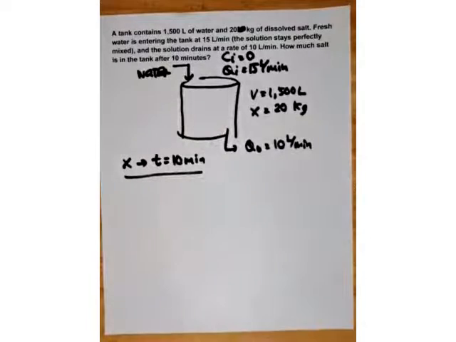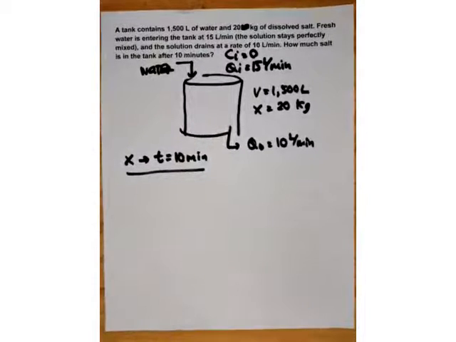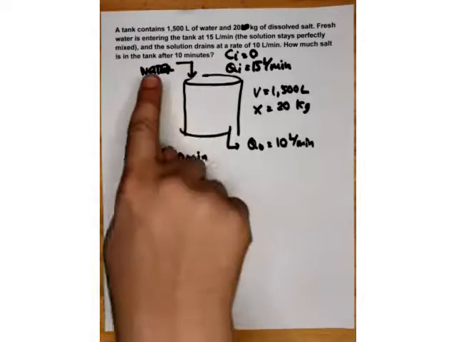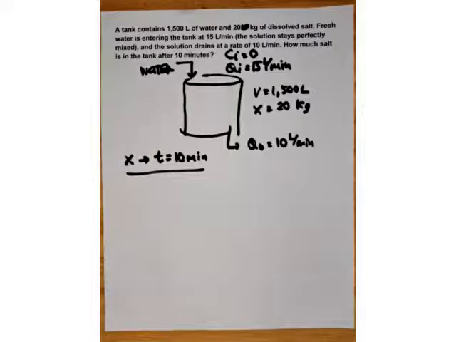So, meron tayong given na tank and then 1,500 liters. Meron siyang volume na ganon. And then 20 kilograms of dissolved salt. Okay, fresh water is entering the tank at 15 liters per minute.